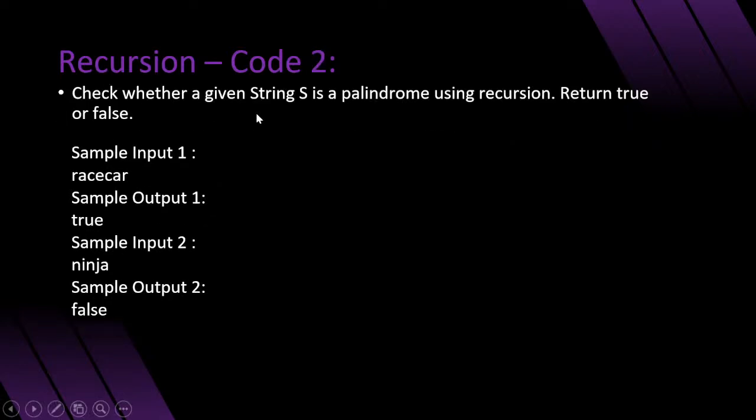So this time we are going to work with a string. So here the question is, we have a string input and we need to check whether our input is palindrome or not using recursion. So how do we do that?